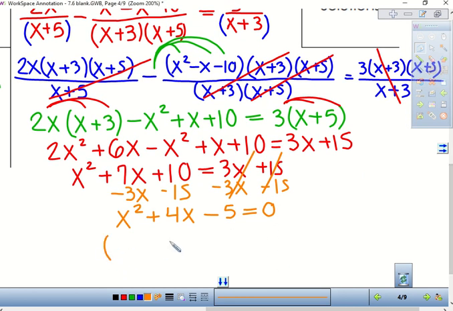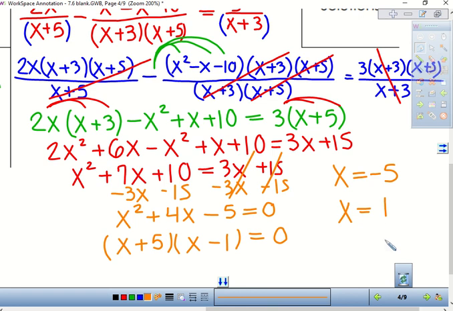And then the last step is to factor this into two binomials. So what are factors of -5 that add up to a +4? Good, +5 and -1, which give me two answers, x equals -5 and x equals +1.